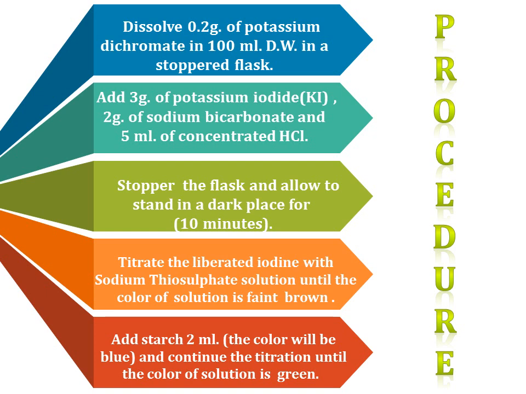Add 2 ml of starch as indicator. The color of solution will be blue. Starch is used as indicator for iodometric titration. We have two types of starch: alpha amylase starch, which is branched chain insoluble starch, while beta amylase is straight chain and soluble starch.